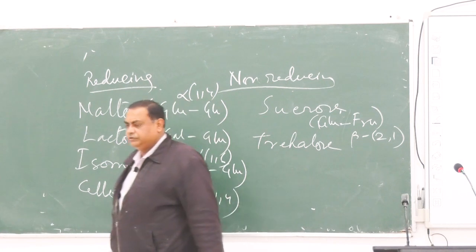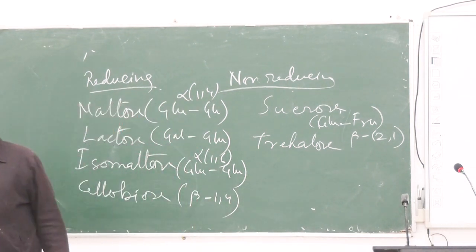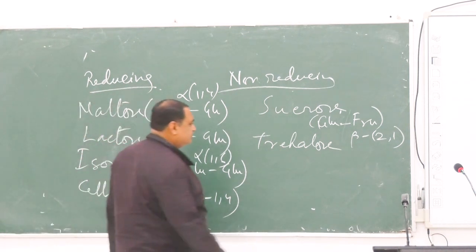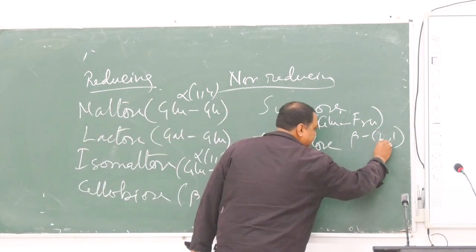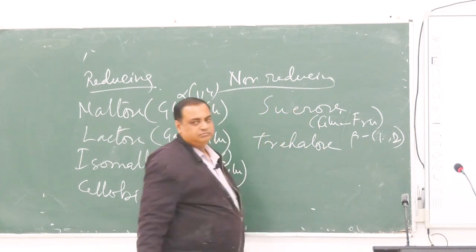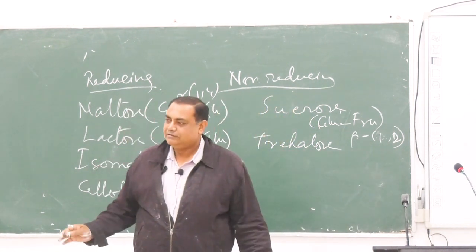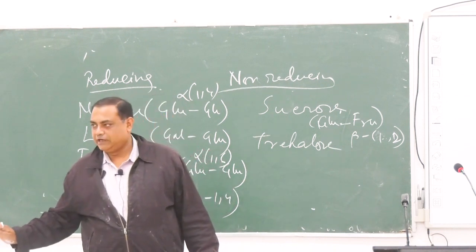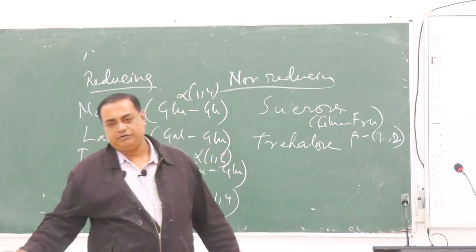For some reason, I don't know, it is written beta 1, but actually it is beta 2 and alpha 1. Okay? But for some reason it is written beta 1 in all the books.